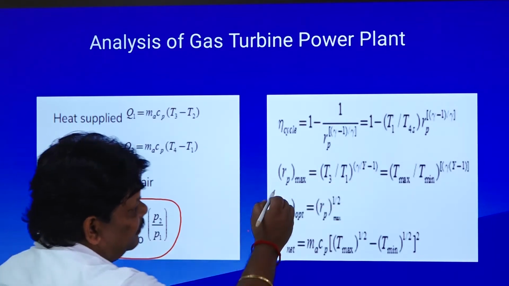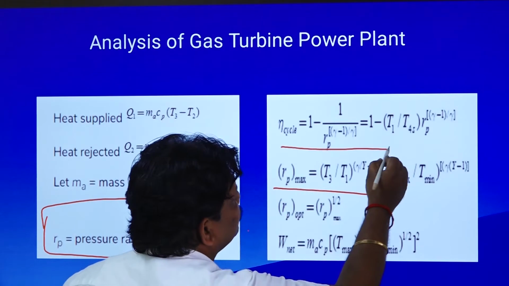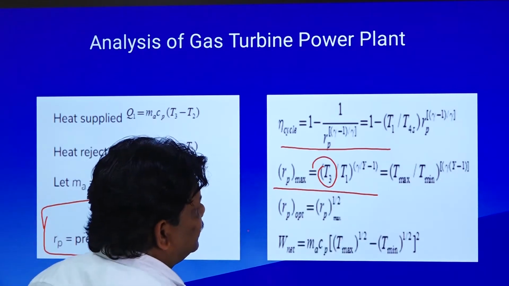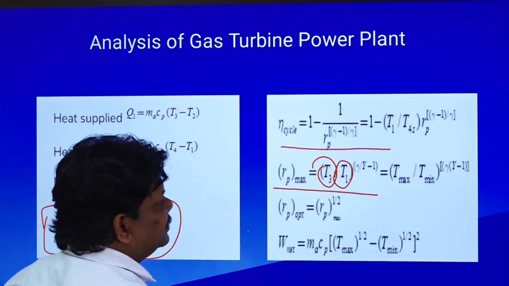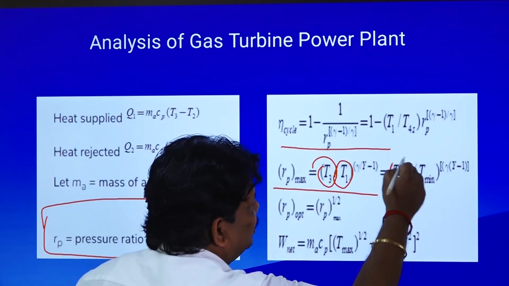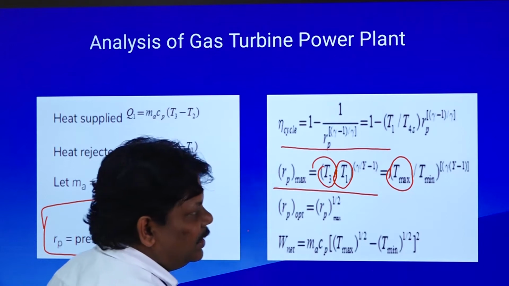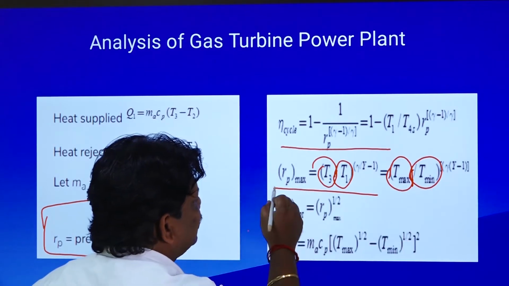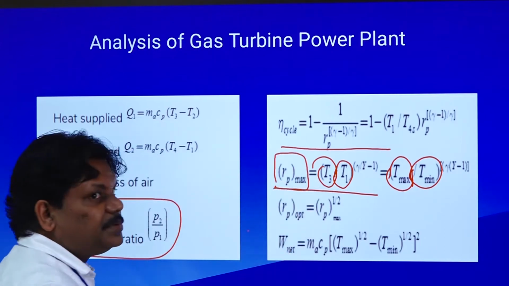These are the formulas which you are going to use in the problems. This is the maximum temperature and this one is the minimum temperature. In the problem you may get the maximum temperature and the minimum temperature, and you can use them to find the value of the maximum pressure ratio.